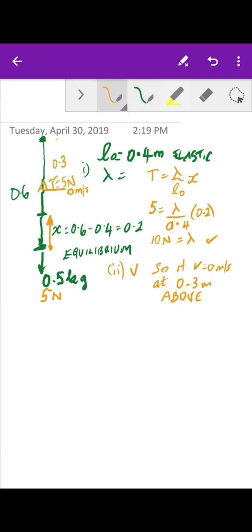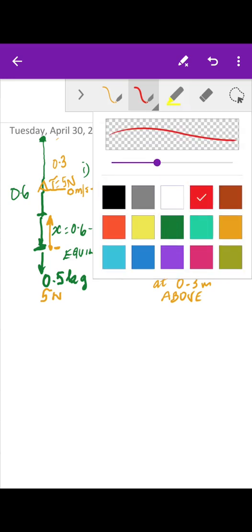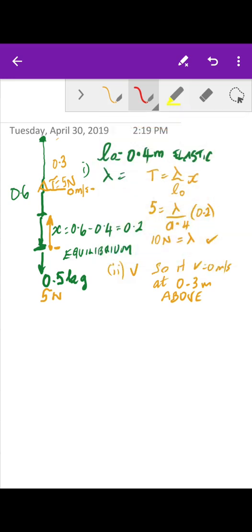So we're going to look at the 3 energies at this point where it's projected up and at this point where it stops. Now those 3 energies are, I'll just put it in here, kinetic energy, potential energy, and elastic potential energy. So let's have a look at our kinetic energy is half m, whatever the v squared is.